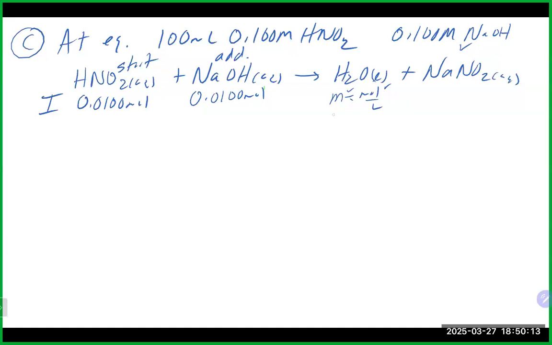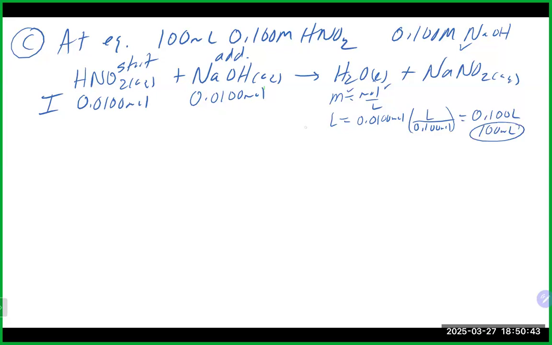That would be 0.01 divided by my molarity, moles per liter, and those are going to cancel out. That gives me 0.1 liters, which is the volume needed to reach the equivalence point. That's 100 milliliters if you multiply by 1,000.